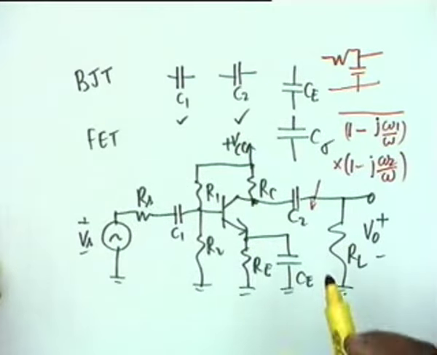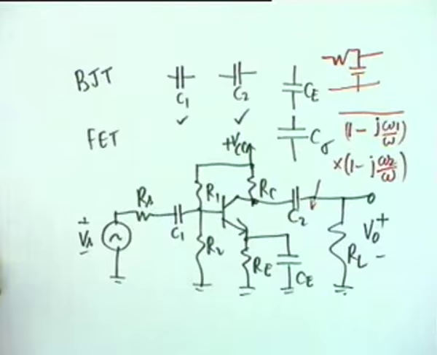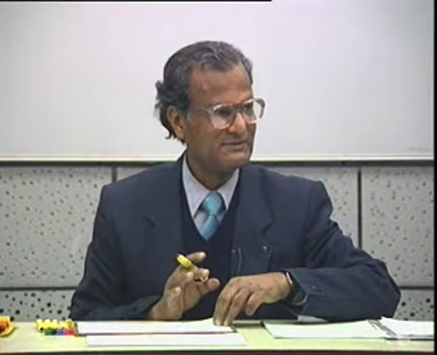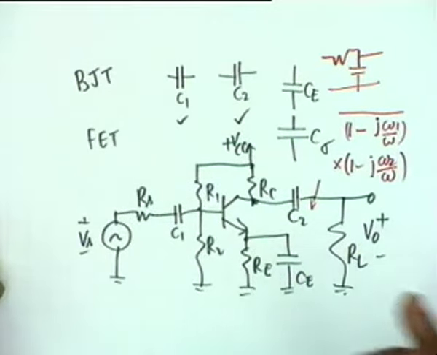But you see that even if CE is equal to infinity, the gain is not 0. There is a gain, okay, and therefore it's not quite pure low pass. Also, if CE equal to 0, even then there is a gain, so it's not high pass either. Do you understand this?